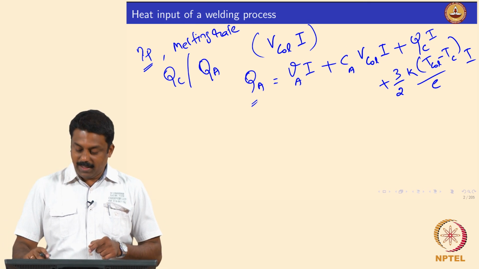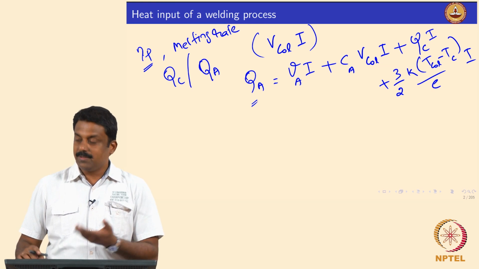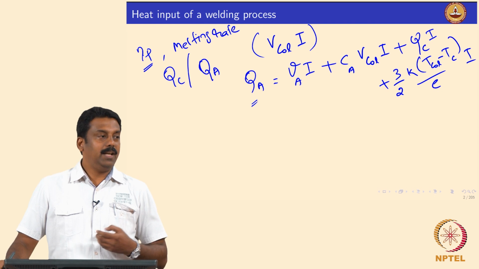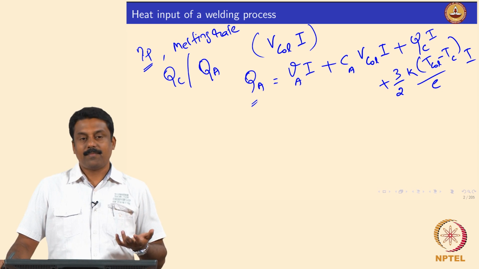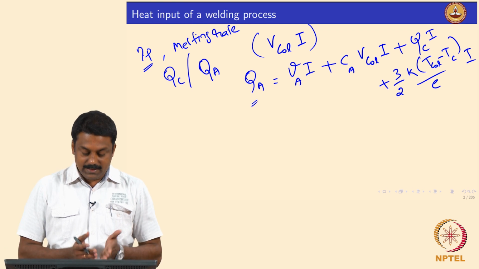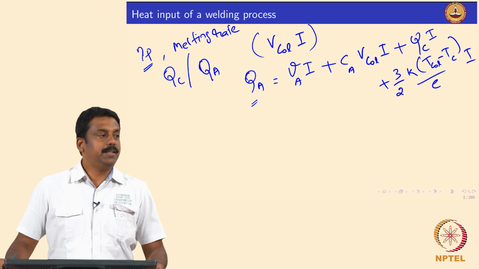In the cathode we have minus terms where the work function is spent. Similarly, electrons also absorb heat while being heated up to the arc column temperature. So now this is the heat available in the anode and the cathode.